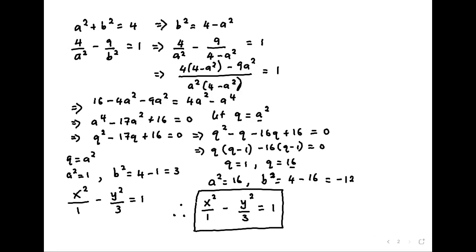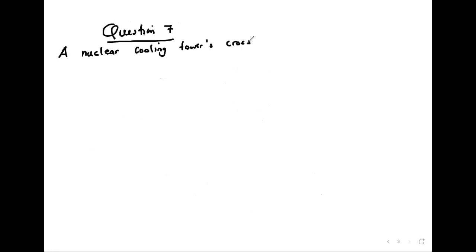Okay, then we go to question 7. Question 7 is saying, a nuclear cooling tower cross section is a hyperbola of diameter 60 meters at the center.